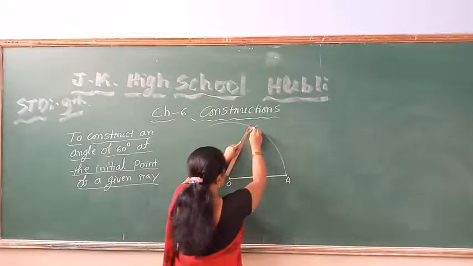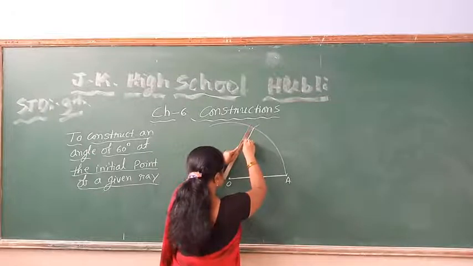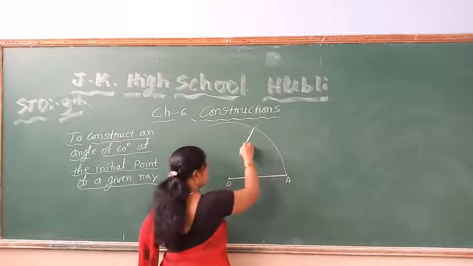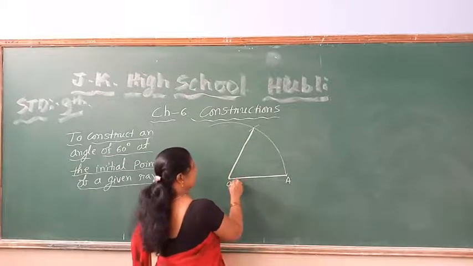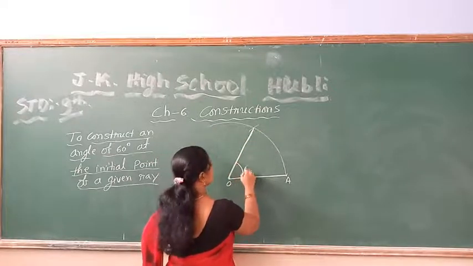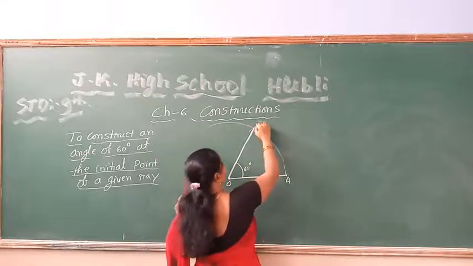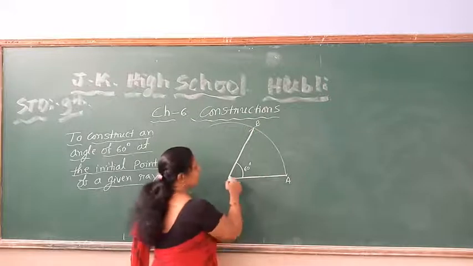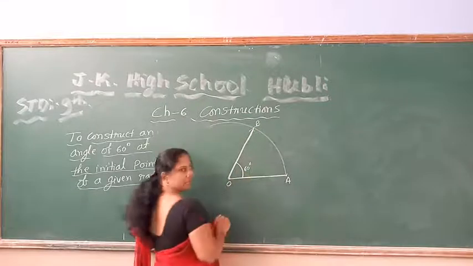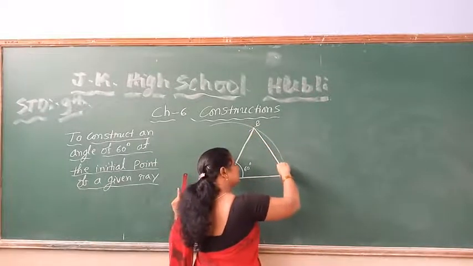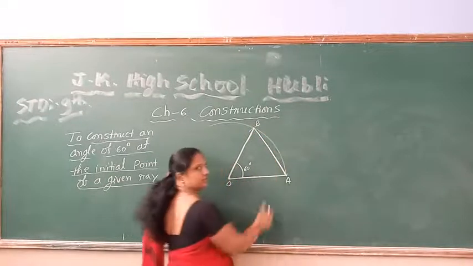Without using a protractor, I have constructed 60 degree now. You can also check by using a protractor, then I am going to get this as 60 degree. So if I join now, how to prove it? OA and OB are radii of the same circle, and if I join B to A, this also is the same radius R that I have taken.